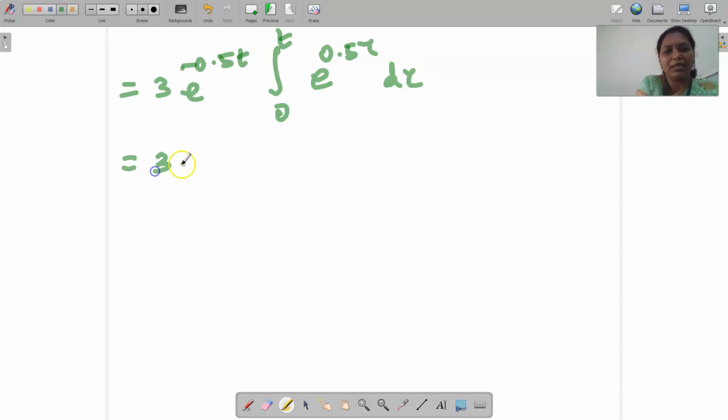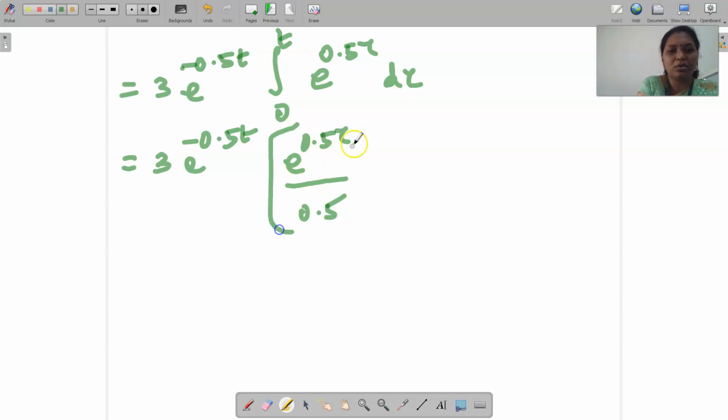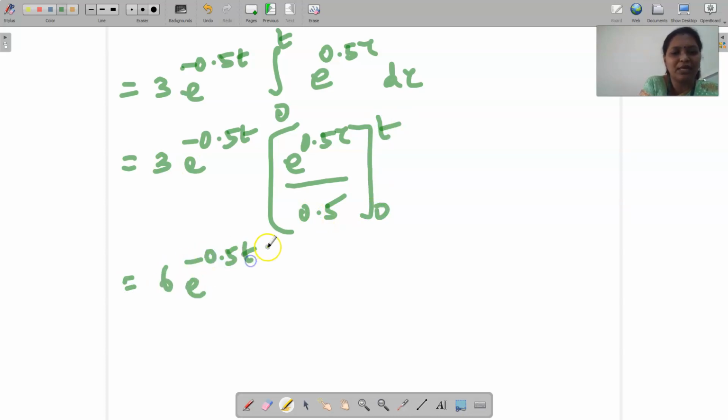So now 3 into e power minus 0.5 t you can keep as it is, integrate this, e power 0.5 tau divided by 0.5. The limit is 0 to t, and 3 by 0.5 is nothing but 6 e power minus 0.5 t, and when you substitute the upper limit it is e power 0.5 t minus e power 0.